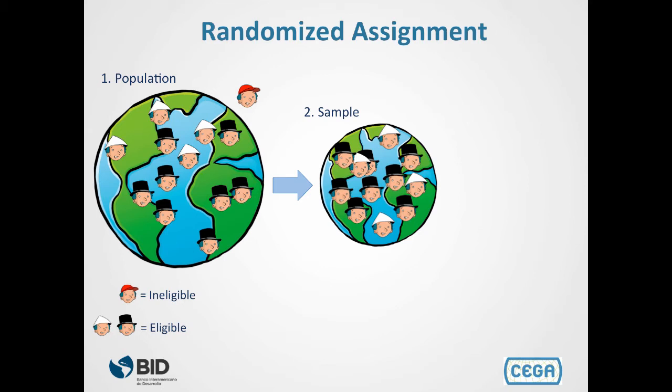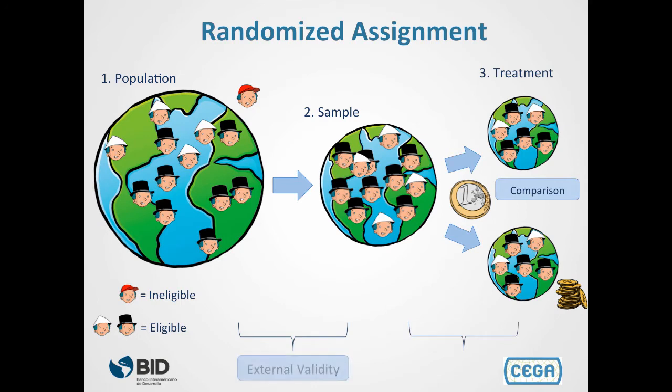And so whatever we learn about the sample in terms of impact of a program or a policy will be an unbiased estimate of what is likely to happen to the population if we were to scale the program up to everybody in the population. Okay. Now we take that sample, we flip a coin, and that coin randomly decides who goes into the treatment and the comparison group.